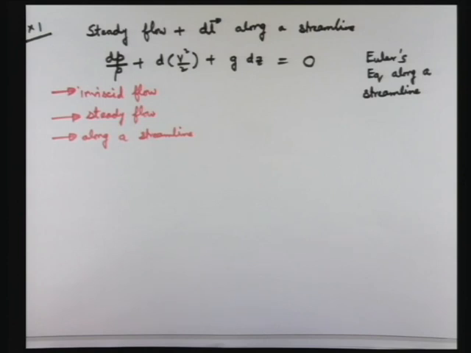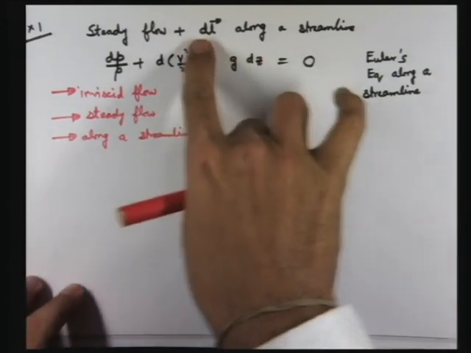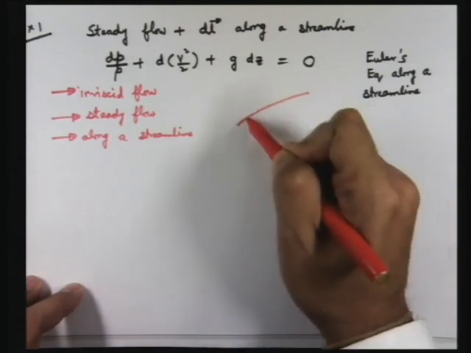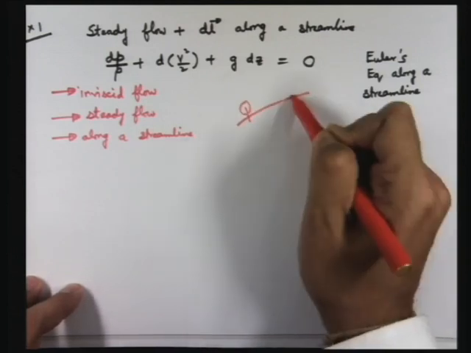You could further integrate this equation very easily if rho is a constant, and that integration has to be between 2 points which are located on the same streamline, because your line element is along the streamline. So you consider, let us say, this is a streamline and there are points 1 and 2.